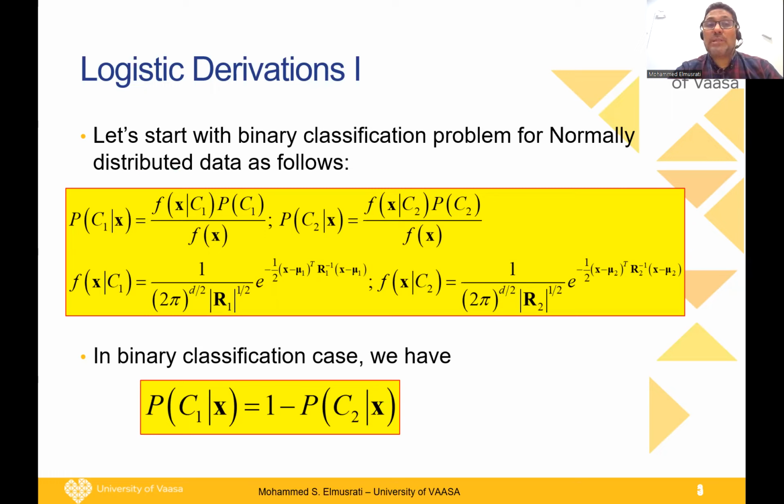If the probability of being in class 1 is more than 0.5, then we take it to class 1, and if it is less than 0.5, then we take it to class 2, because in the two-class case the total probability equals 1. So the probability of being in class 1 plus the probability of being in class 2 is 1.